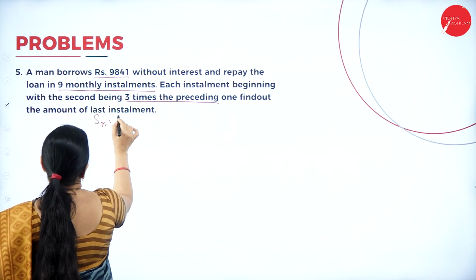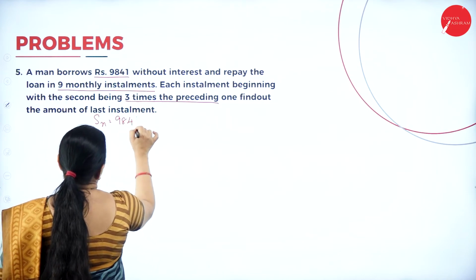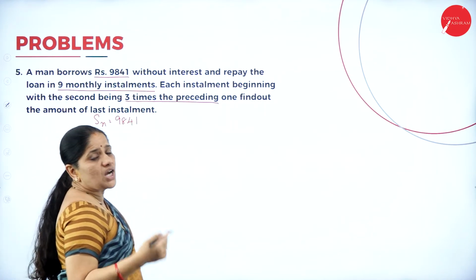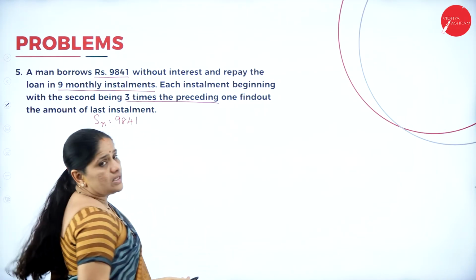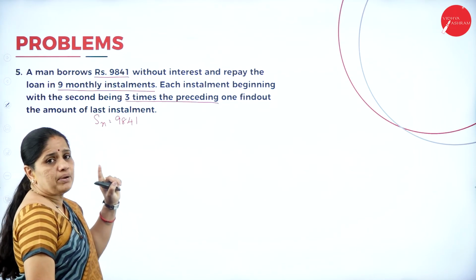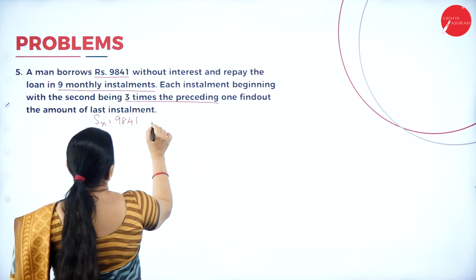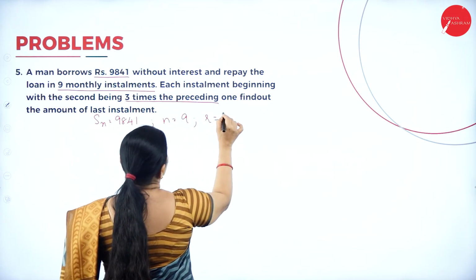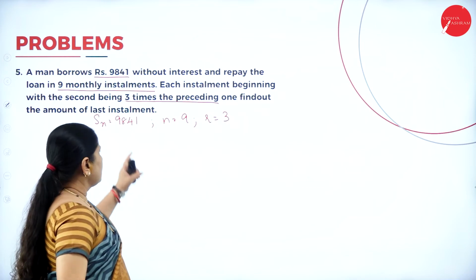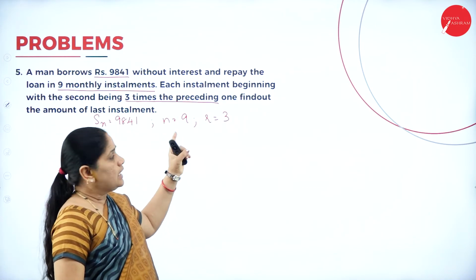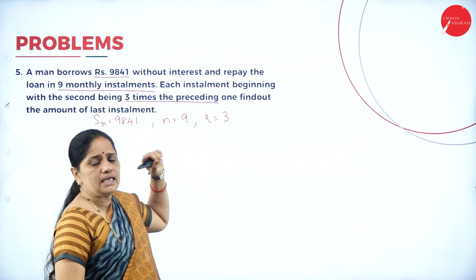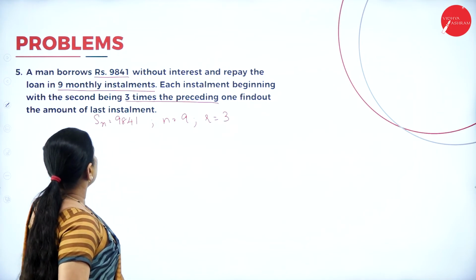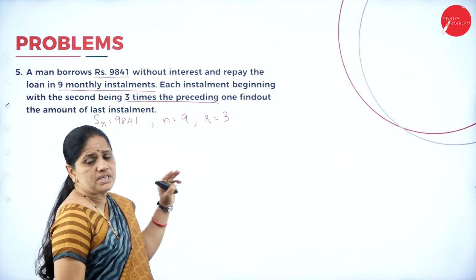So, the amount he has to repay is 9,841 because there is no interest here. So, he has agreed to repay in 9 monthly installments. So, N equals 9 and R equals 3. So, 9,841, 9 installments, and each installment will be 3 times the preceding one.